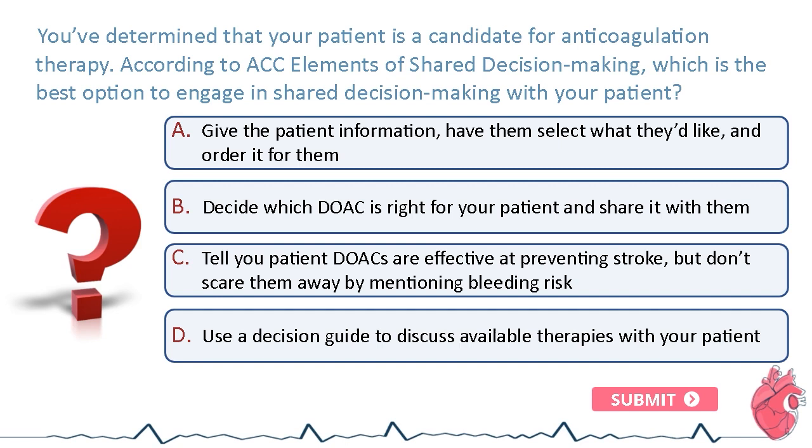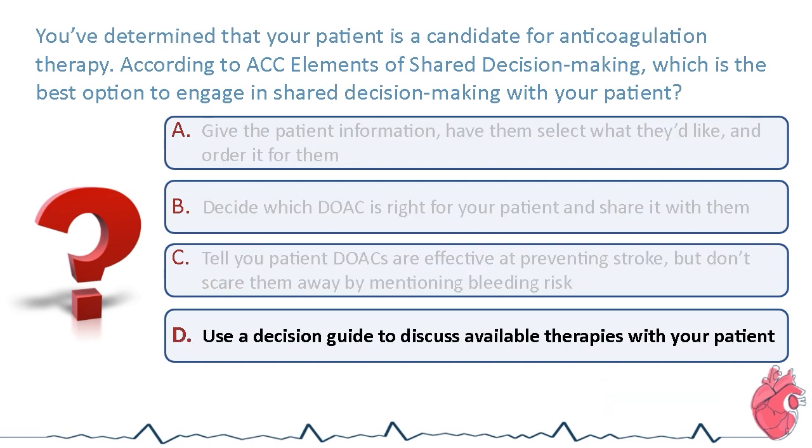C, tell your patient that oral anticoagulants are effective at preventing stroke, but don't scare them away by mentioning bleeding risk. D, use a decision guide to discuss available therapies with your patient. The best option would be D, to use a decision-making guide to discuss the available therapies with your patient.